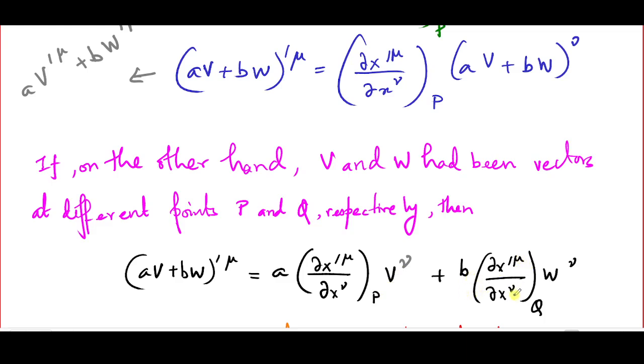Plus B del x prime mu del x nu at the point Q times W nu. And in general, this and this are two different numbers.